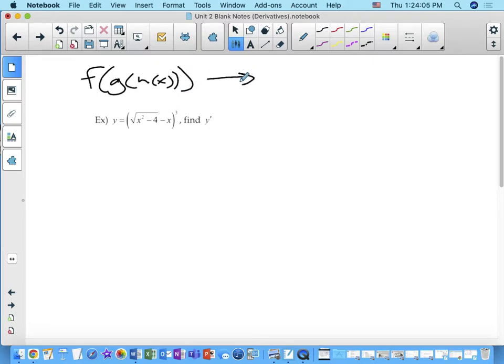Apply chain rule twice. Okay, so let's start with the easy part.